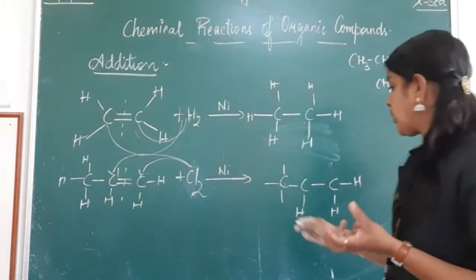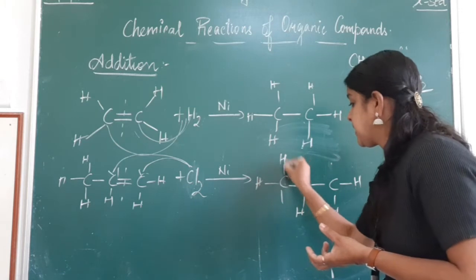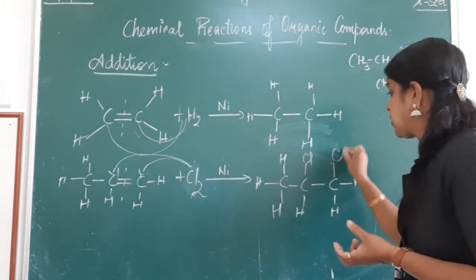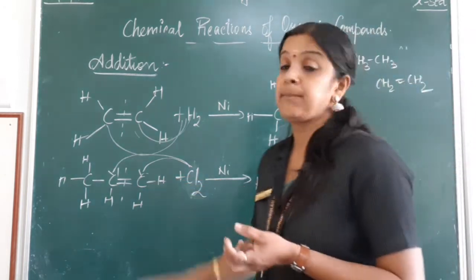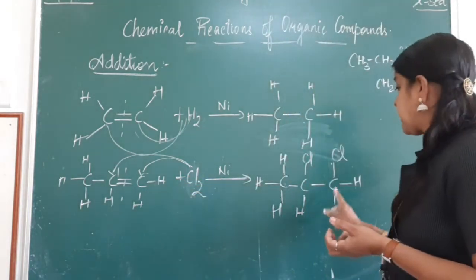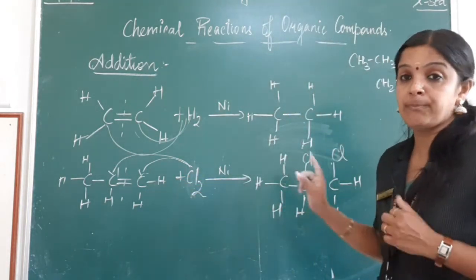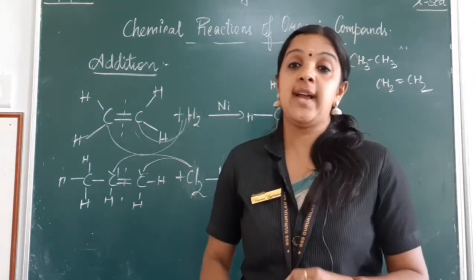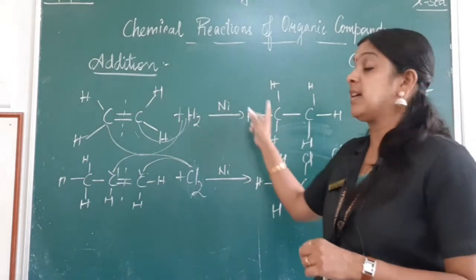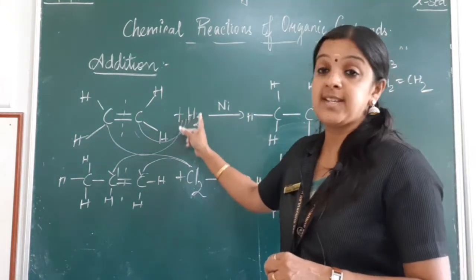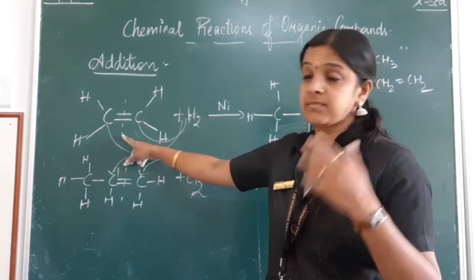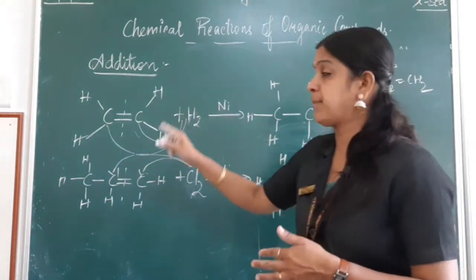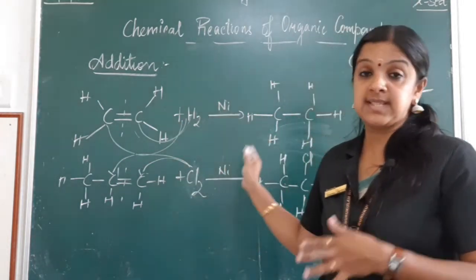So this is my CH3, this is CH, and one chlorine and another chlorine attack the propene molecule. This becomes 1,2-dichloropropane. Such reactions we call addition reactions, where the added reagents attack the unsaturated hydrocarbon to make it saturated. The double bond is broken and becomes a single bond.